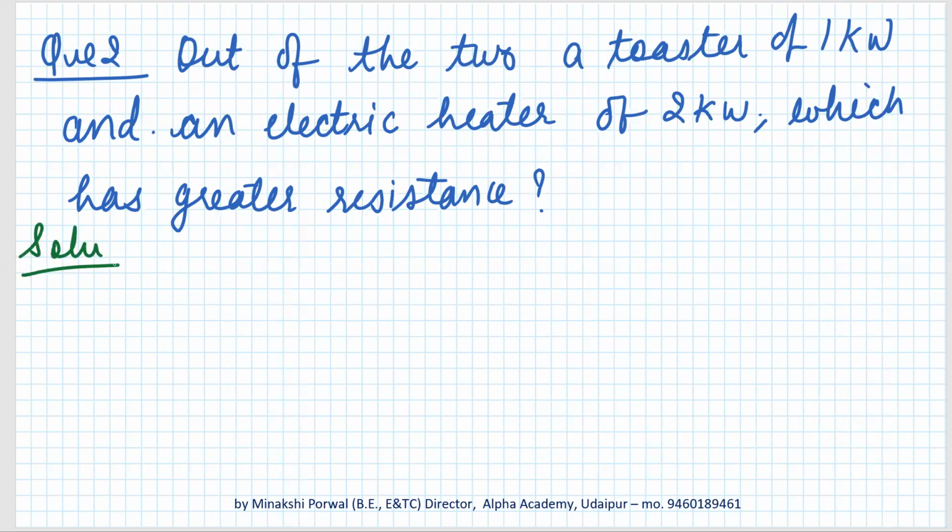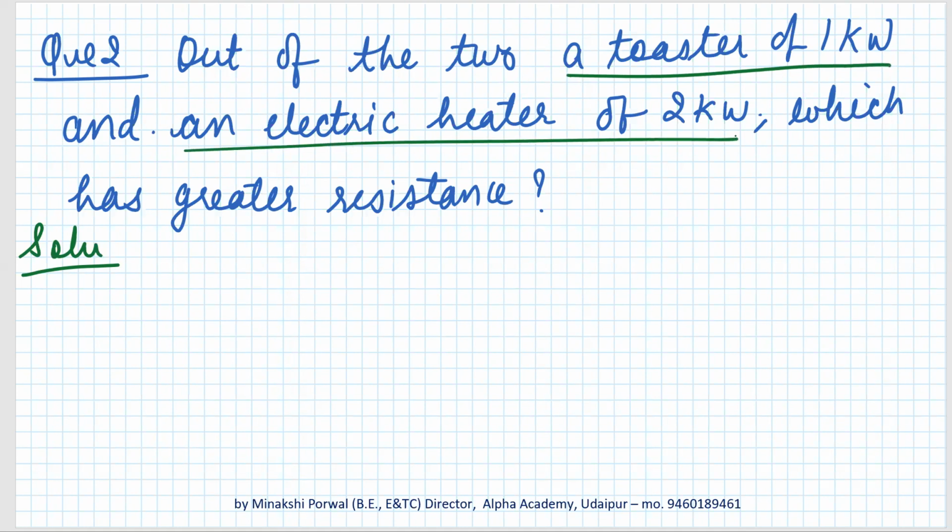Out of two, a toaster of 1 kilowatt and an electric heater of 2 kilowatt, which has greater resistance? Again power is given, and we are assuming that the voltage at which both are operated is the same. One is of 1 kilowatt, another is of 2 kilowatt. Higher resistance will be of the one with less power.